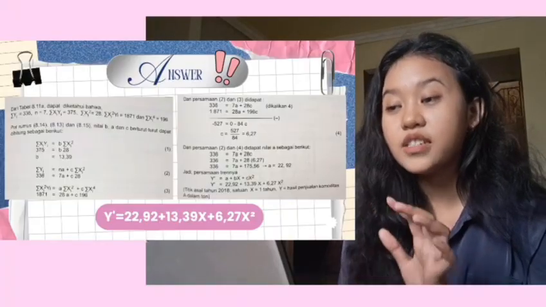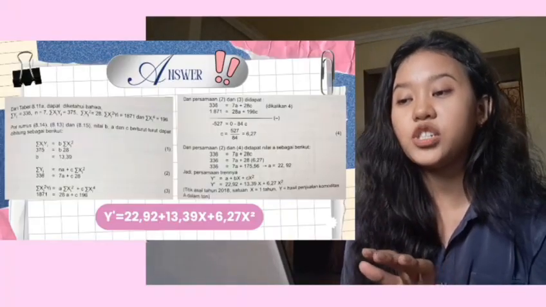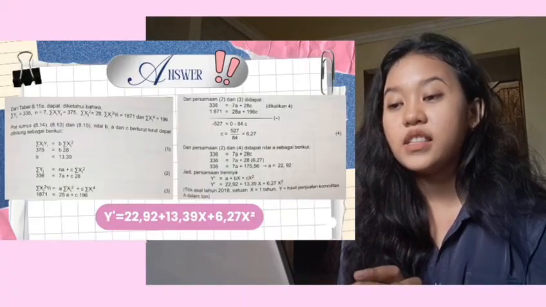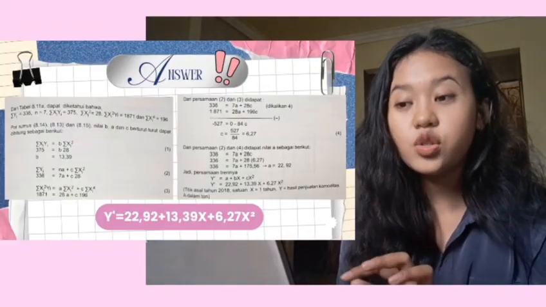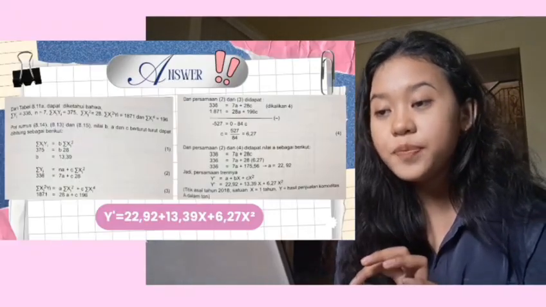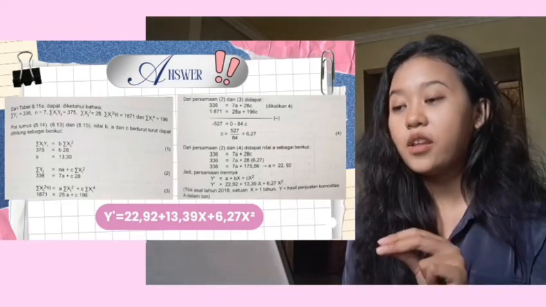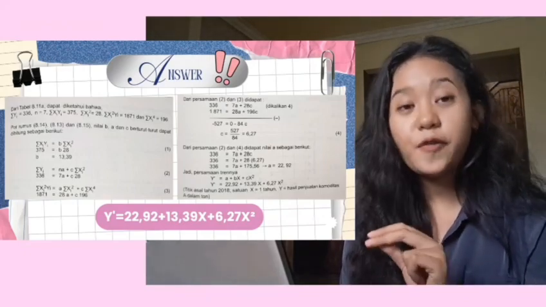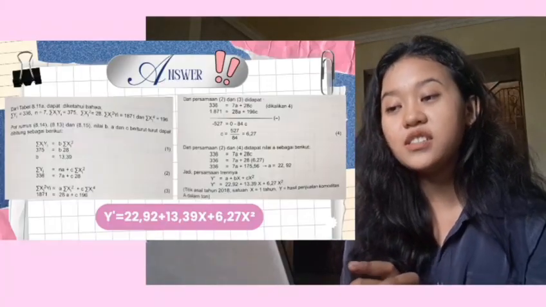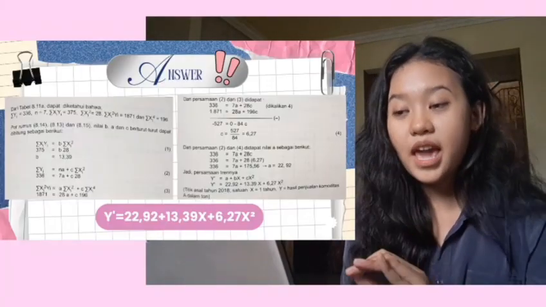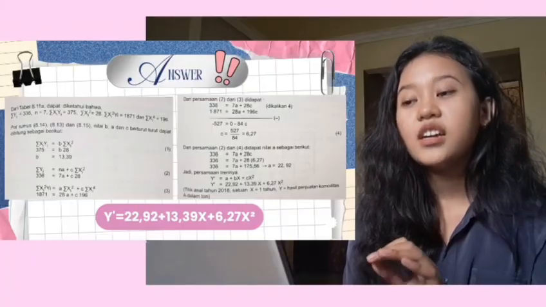And from the second equation and also the fourth equation, we can find that a is 22.92. So after we find a, b, and c, we can put them into the form of the parabolic trend equation: Y equals a plus bx plus cx squared.